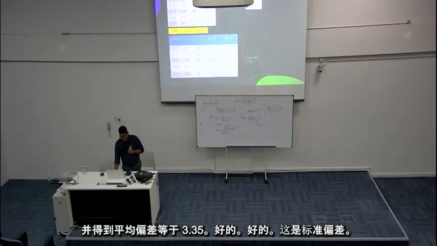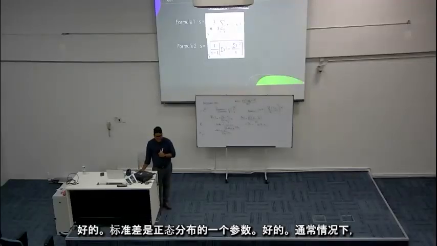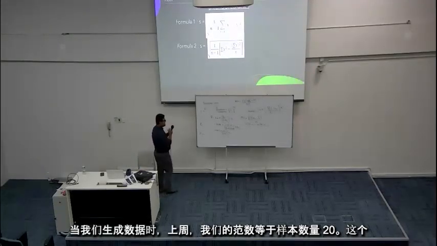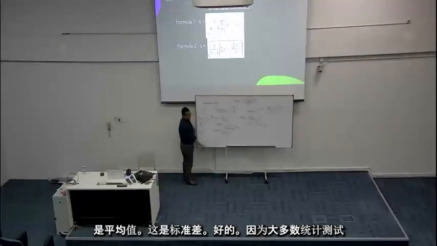This one is the standard deviation. Standard deviation is a parameter for the normal distribution. Normally, when we generated data last week, rnorm with the number of samples, 20, this one is the mean, this one is the standard deviation.